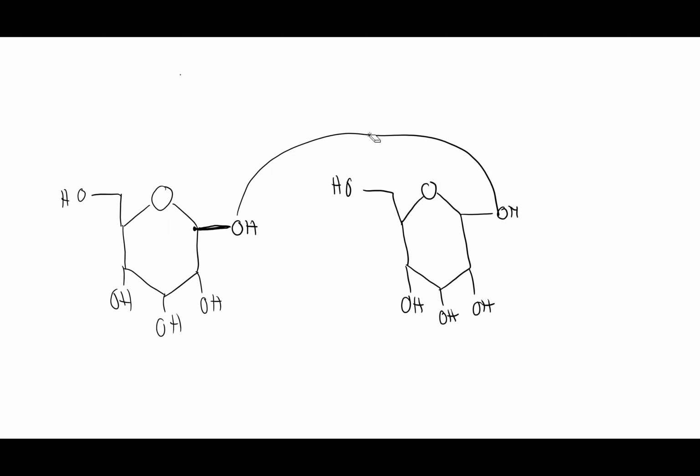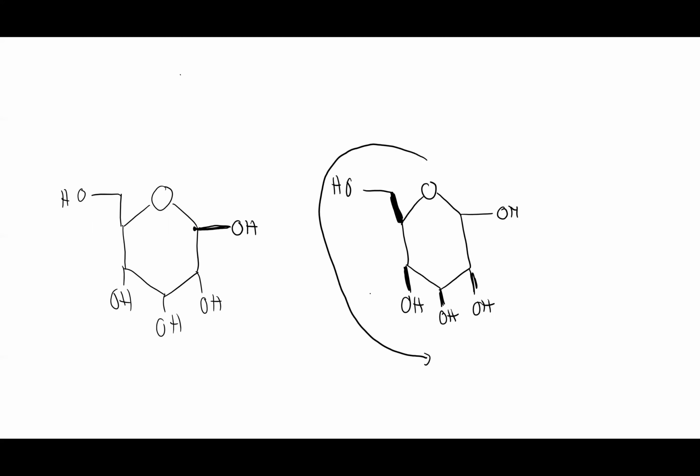Now, when I flip a sugar, when I flip it around, everything that was facing up will then be facing down, and anything that is facing down will then be facing up. So I'm not rotating this. I'm not rotating it 90 degrees where the oxygen is facing at the bottom. I'm actually taking this as though it was a pancake and I'm flipping it over. Okay, when I flip it over, the ring itself looks the same. The flat part of the ring looks the same.